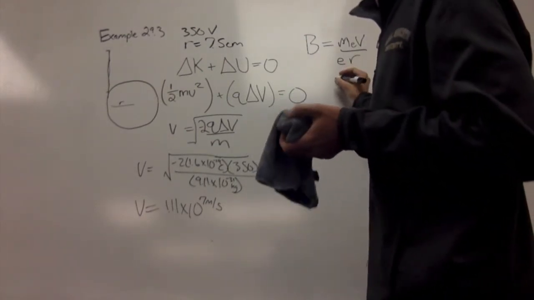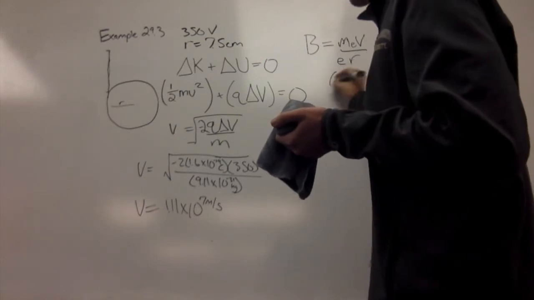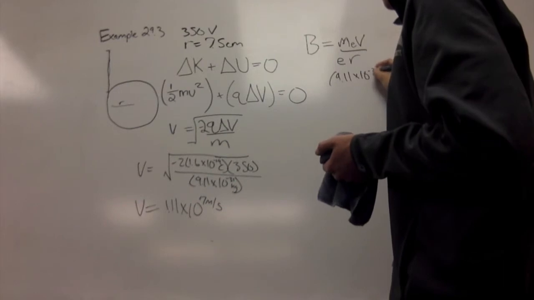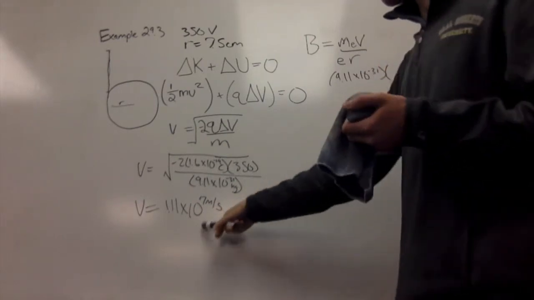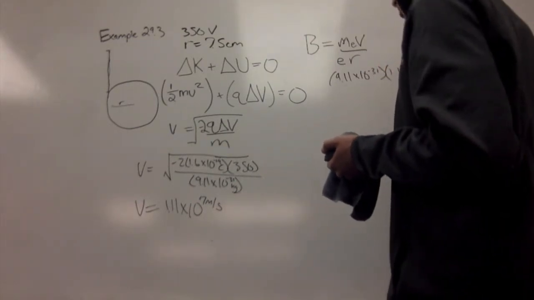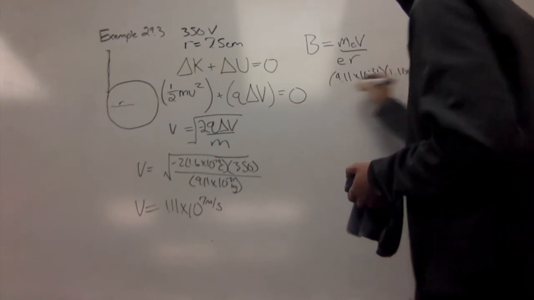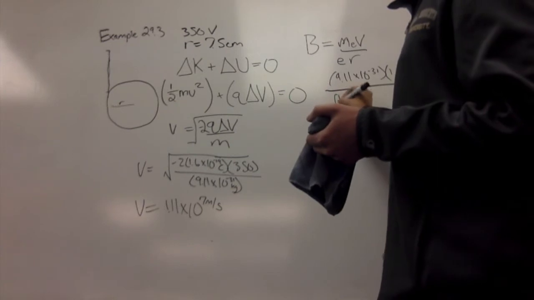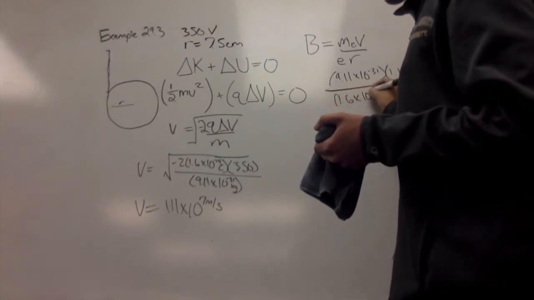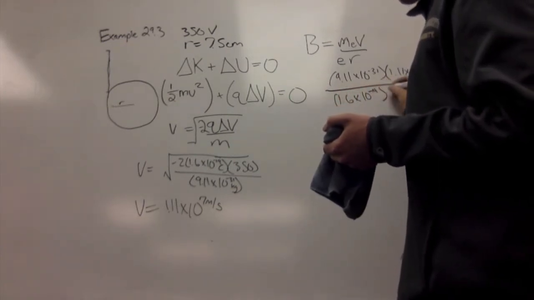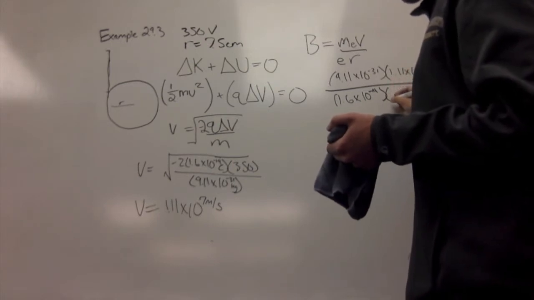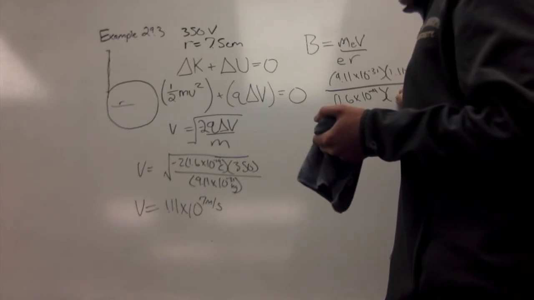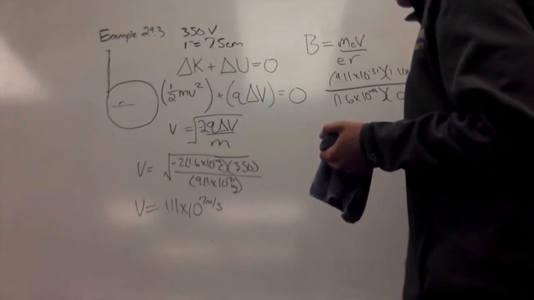So we get the same mass, 9.11 times 10 to the minus 31, times our value right here, 1.11 times 10 to the 7th, all over 1.6 times 10 to the minus 19 times r, which is 0.075 meters.